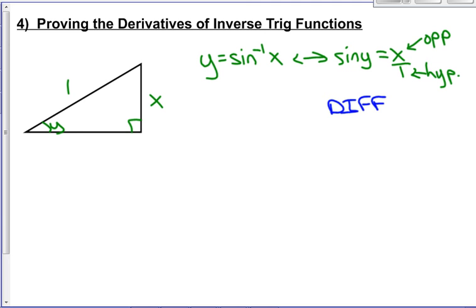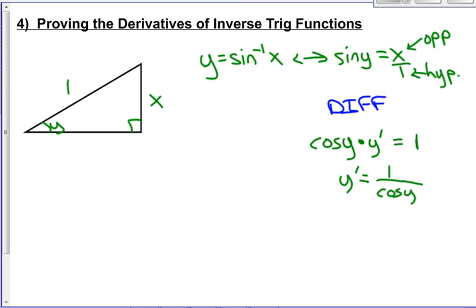And we'll differentiate implicitly with respect to x. So the derivative of sine y is cos y. We know that. But I differentiated something with a y, so I need a y prime. The derivative of the right, well, that's the derivative of x. So that's just 1. In other words, y prime is 1 over cos y, which is true but unhelpful.